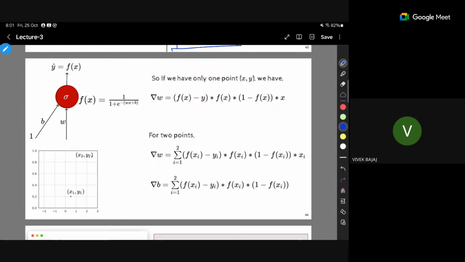For each point, I will add up the gradients, right? I'll sum up the gradients. Yes, even as per the code, I'm going to add up all the gradients. Now I've added up all the gradients, and now I do the weight update. So there my weight is a vector, but my sum of all the gradients becomes a scalar because I've added them up. So how do I solve that?